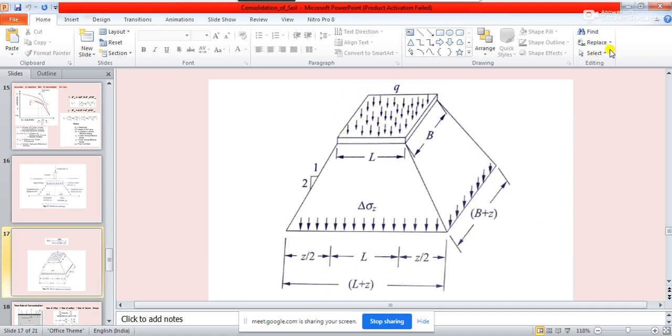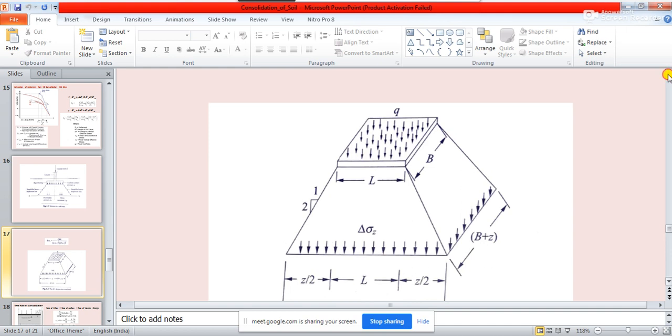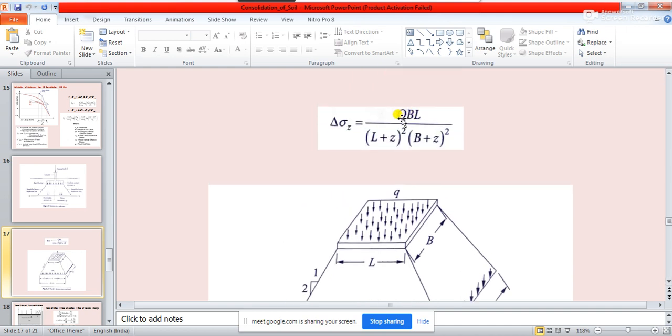This is a small q. I have explained, if you remember, using this formula, capital Q into B into L, that is your total load. So what will be the load on this footing?